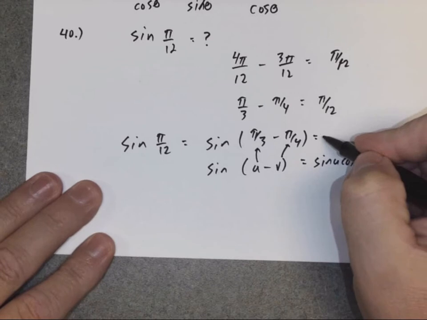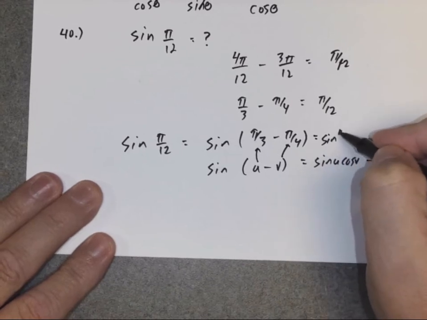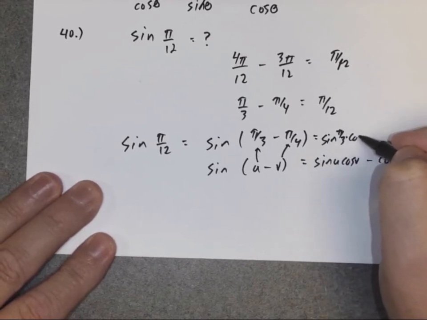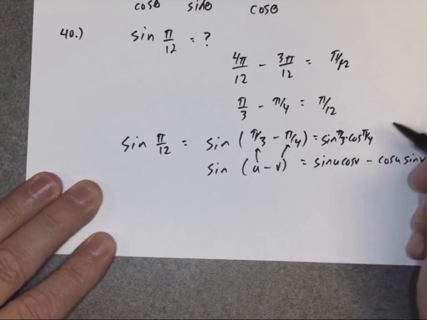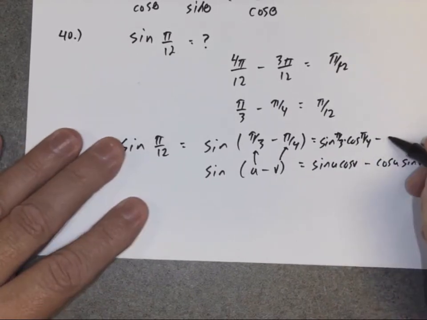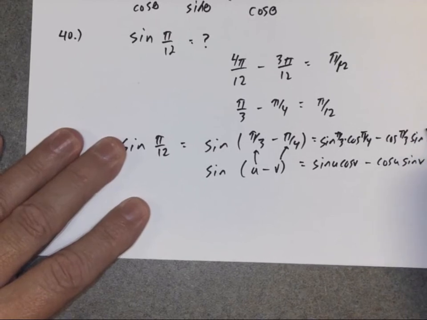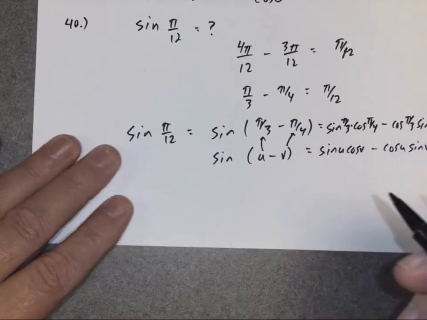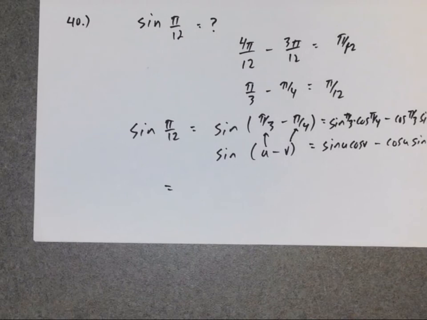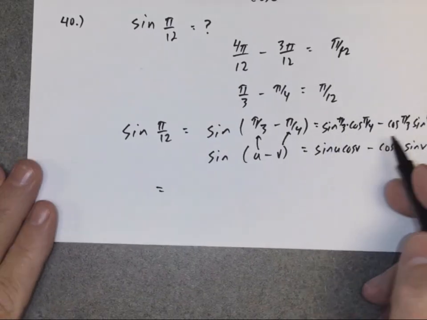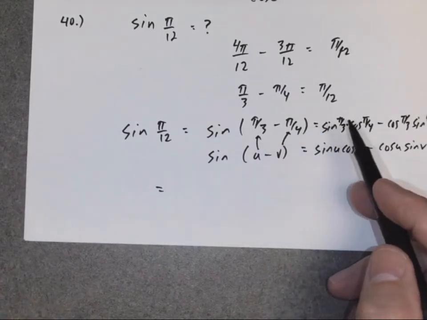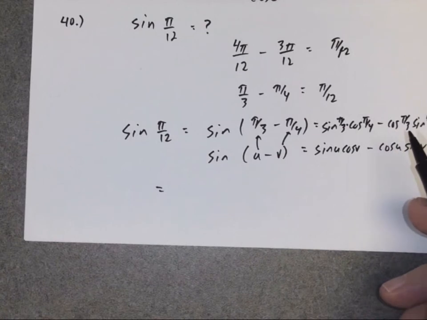So therefore I can say this is the sine pi over 3 cosine pi over 4 minus cosine pi over 3 sine pi over 4. Now we know all these. Pi over 3 and pi over 4 are special angles, so I can do those.